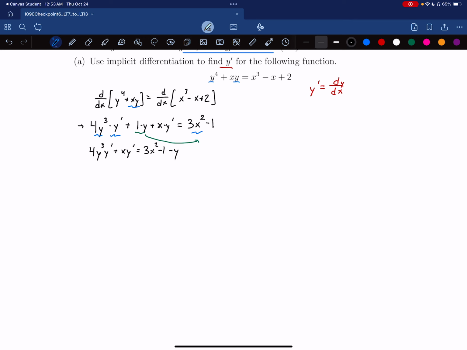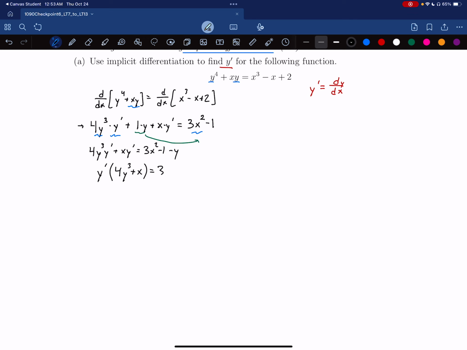And now I have y prime times something on the left, y prime times something here, and then none of these involve y prime. So let's factor out y prime on that left side, which leaves me with y prime times 4y cubed plus x.